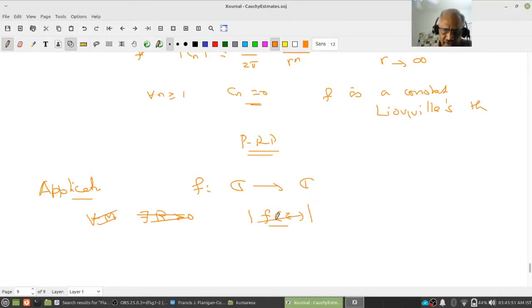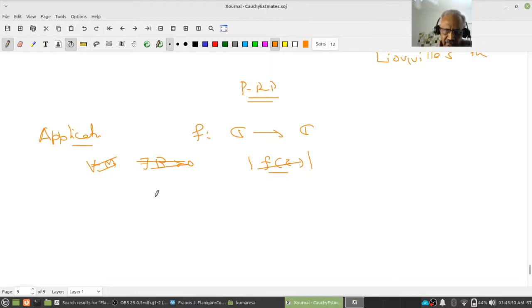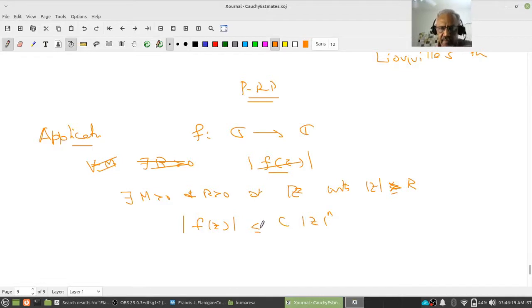What do I want? I want to say it's something like a polynomial. So there exist positive constants and r positive, so that for all z with mod z greater than or equal to r, modulus f(z) is less than or equal to c times mod z to the power n.